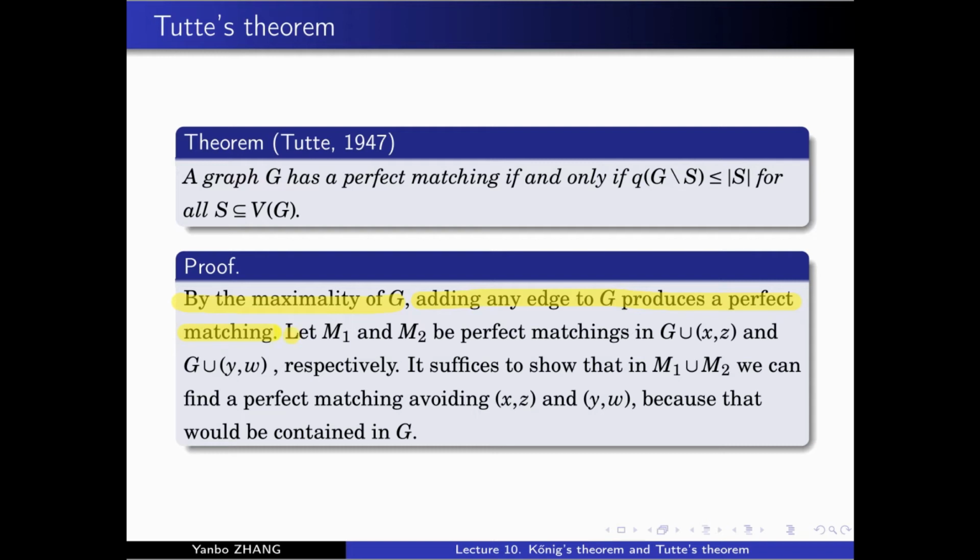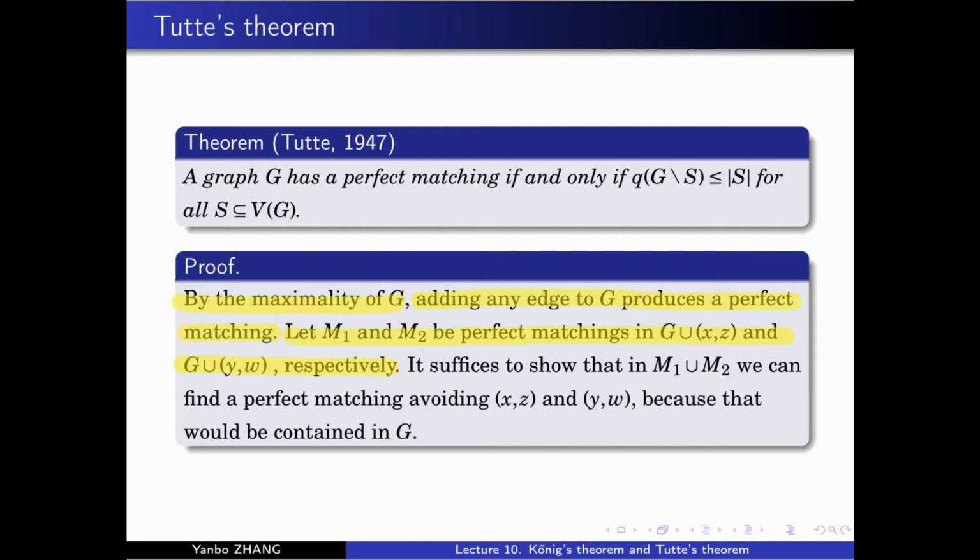Let M1 and M2 be perfect matchings in G union the edge XZ and G union the edge YW respectively. It suffices to show that in M1 union M2, we will find a perfect matching, avoiding XZ and YW, because that would be contained in G.